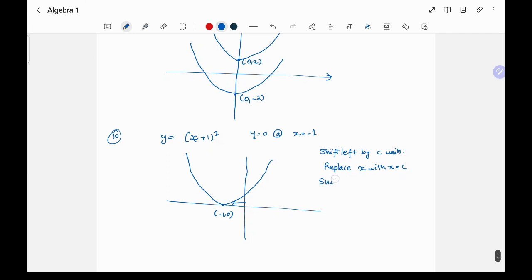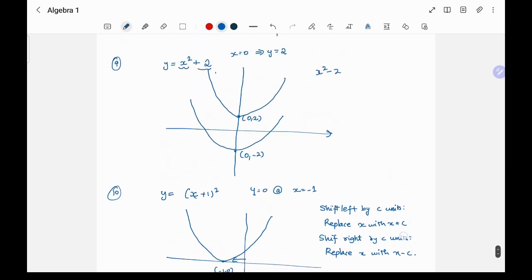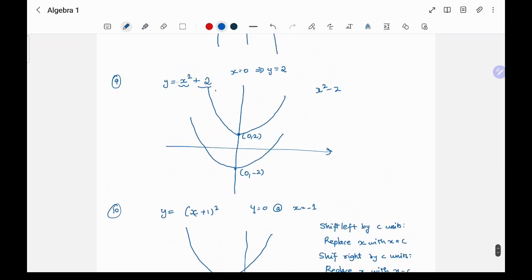What about shifting right? Replace x with x minus c, because shifting right by c is same as shifting left by minus c. So they are equivalent. So similarly, if you see for y, this is nothing but y minus 2 is equal to x square. And we saw that it shifted top, correct?